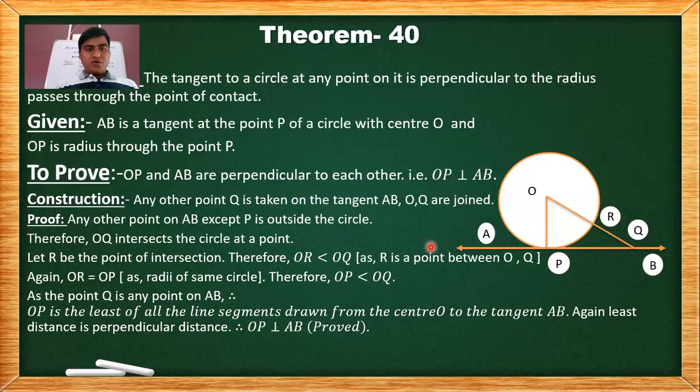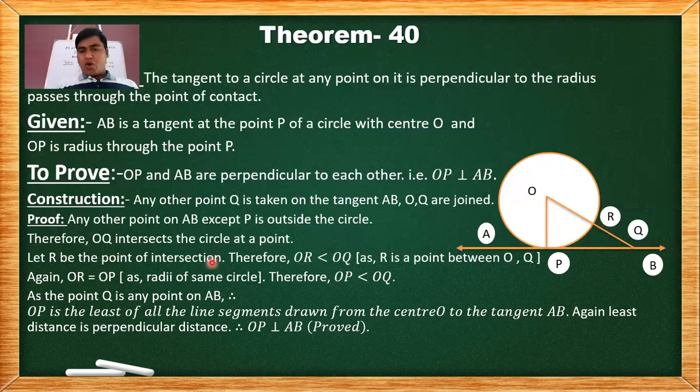So therefore, here OQ is the distance from O to the outside point Q. OQ intersects the circle at the point R. Let R be the point of intersection.